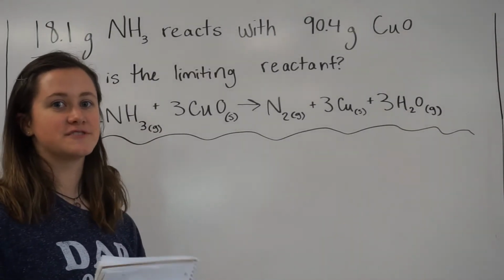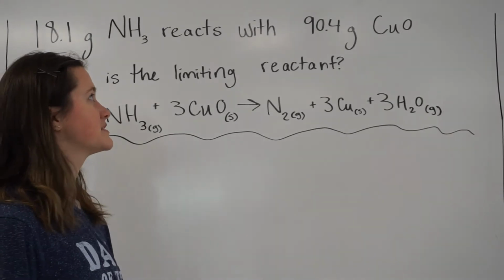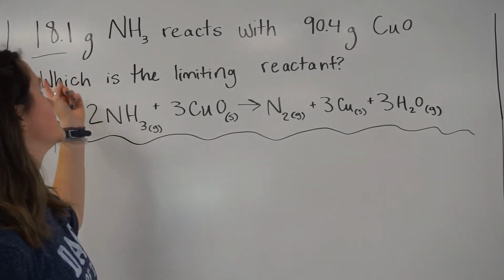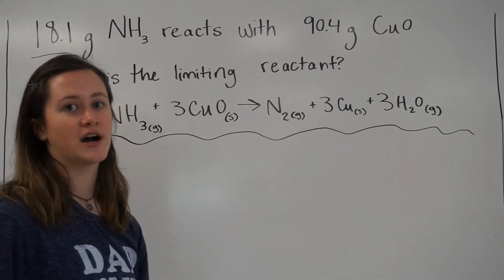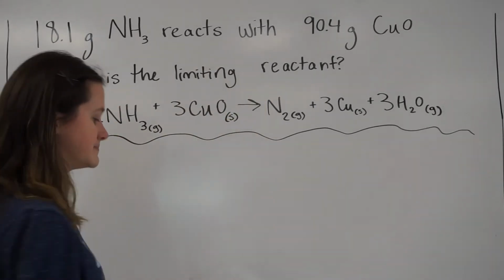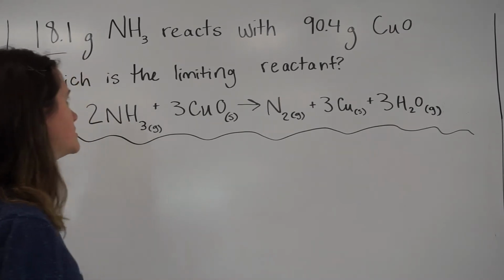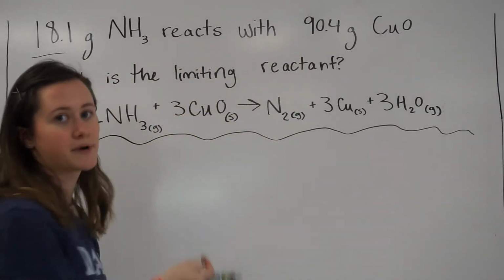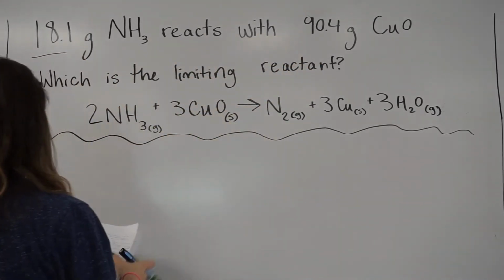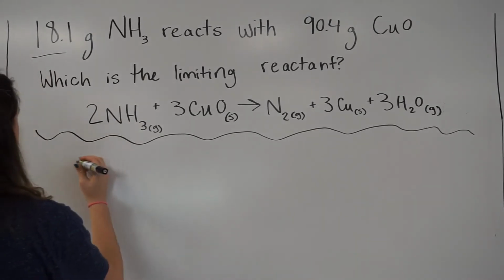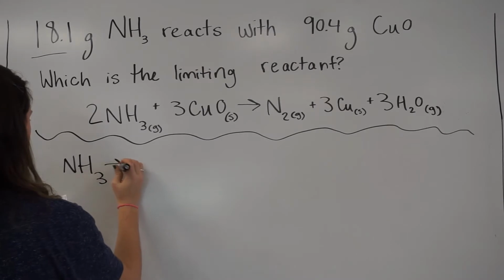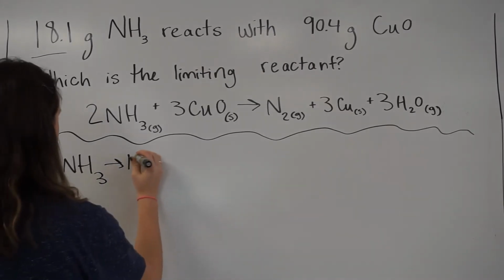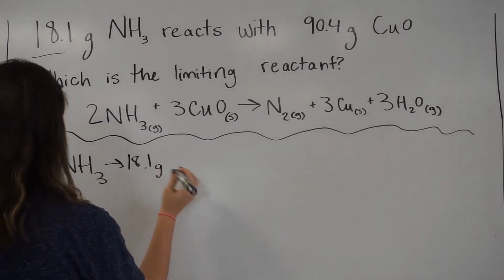Okay, so first of all, I'm going to show you how to find the limiting reactant when you have 18.1 grams of NH3 and 90.4 grams of copper oxide with this equation. First, you're going to want to convert both of these numbers to moles. So we're going to start with NH3, and you have 18.1 grams of NH3.